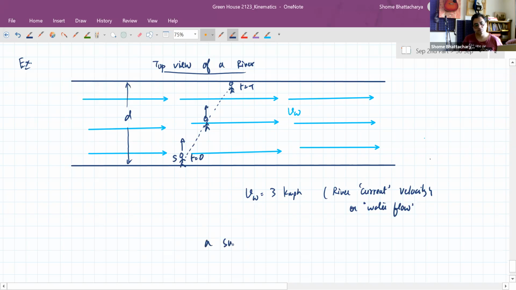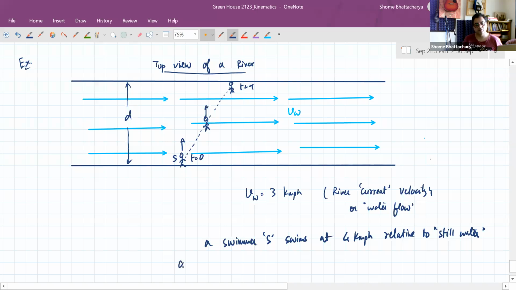So a swimmer S swims at 4 kilometers per hour relative to still water. In stationary water, his swimming speed is so much.